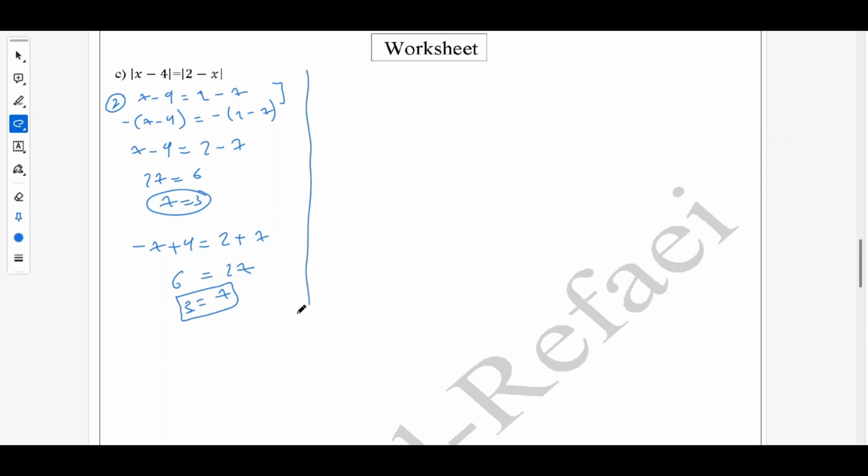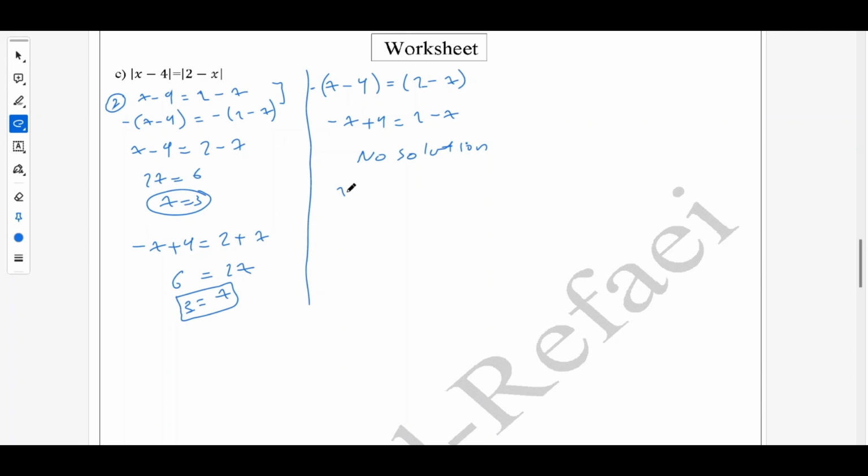The other solution, we have to make one of them negative and the other positive. Okay, I'm going to make the right side positive and the left side negative. Negative x plus 4 equals 2 minus x. Cancel x, so there's no solution.